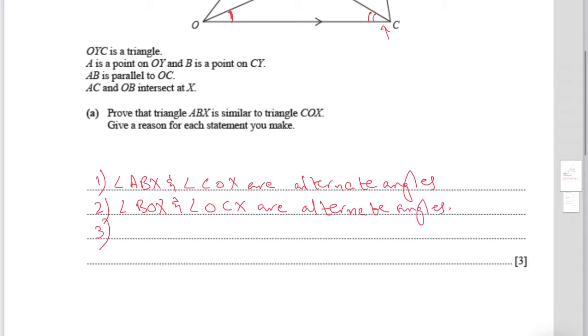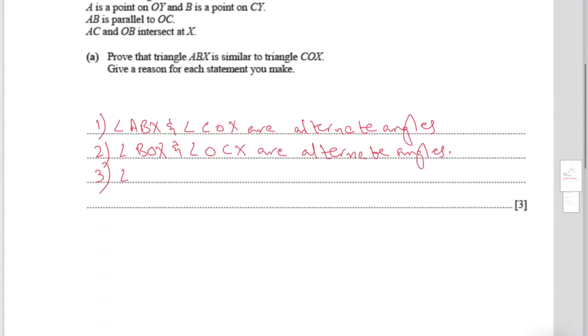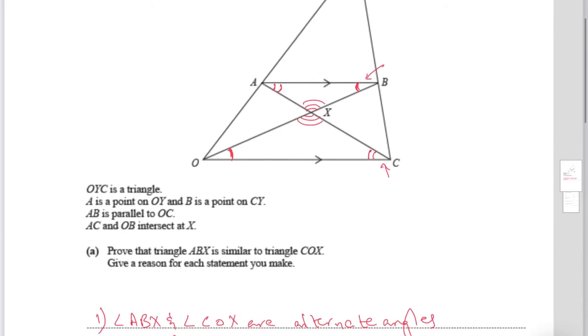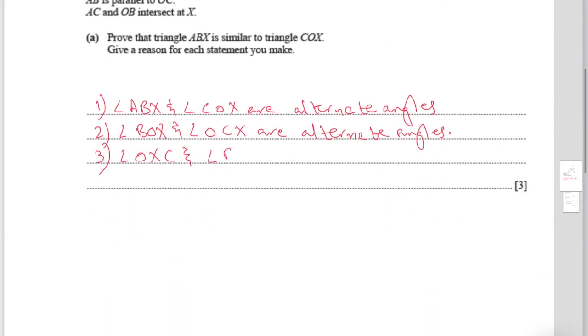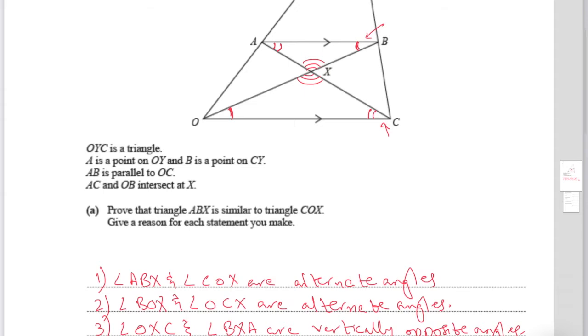And the third statement that we can make is that angle OXC and angle BXA are vertically opposite angles. So there you go, we have the three statements and that proves that the two triangles are similar.